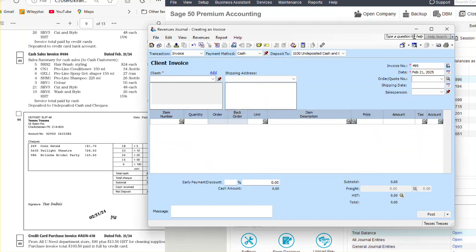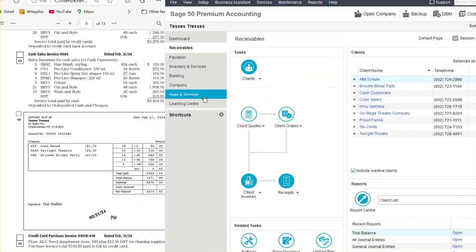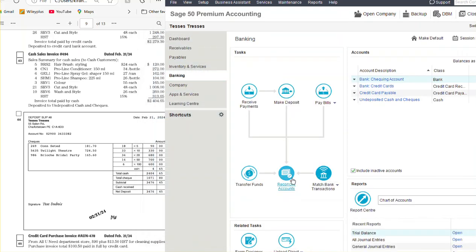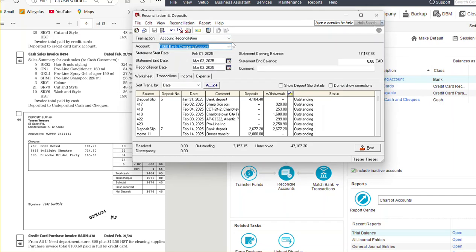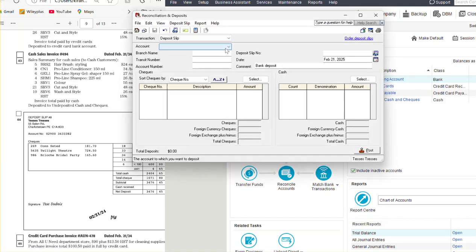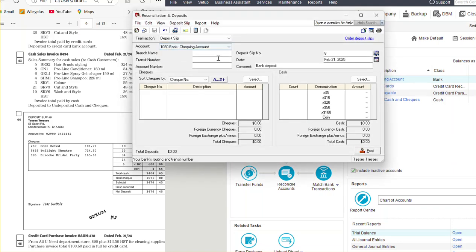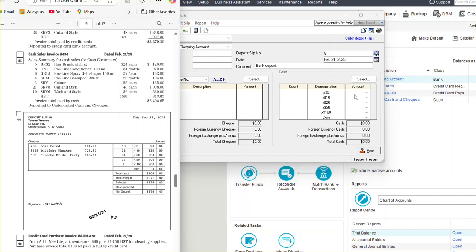We'll see what happens. Let's see if the amounts come right. You're going to go to the banking. You're going to go in here. This is deposit slip 8, and it is to the checking, a deposit slip to the bank, and the date is the 21st.